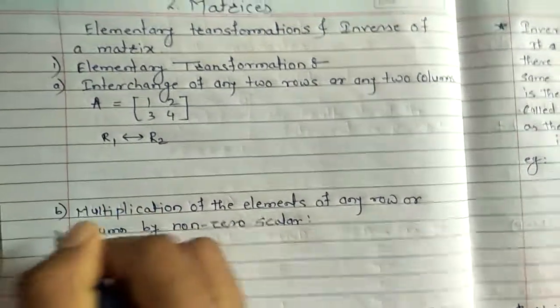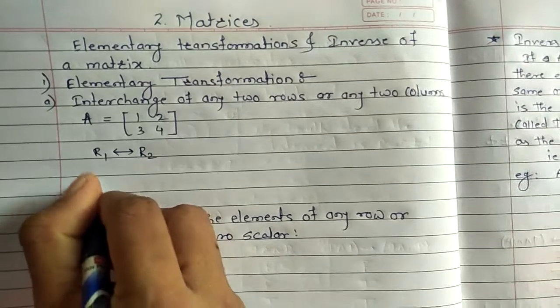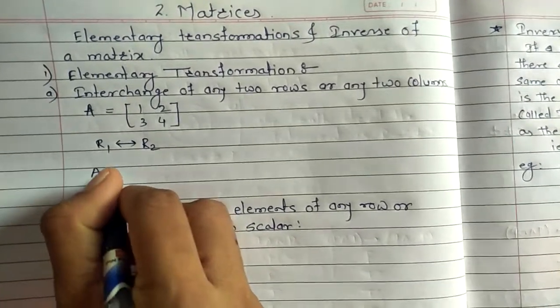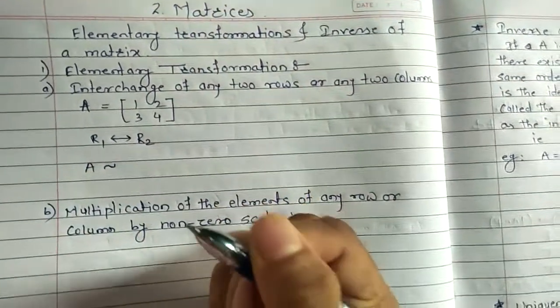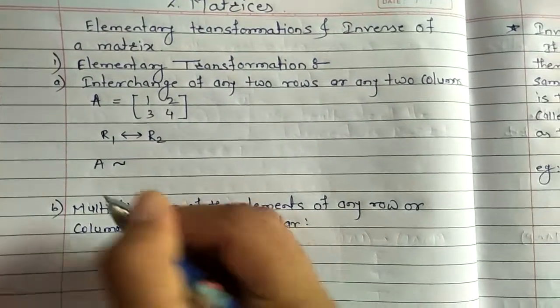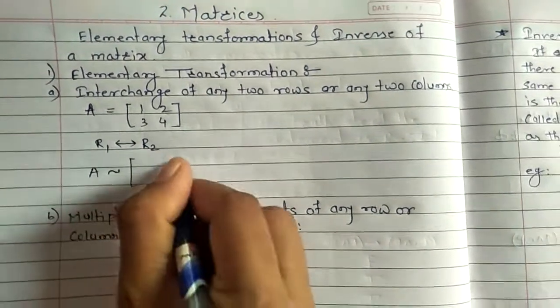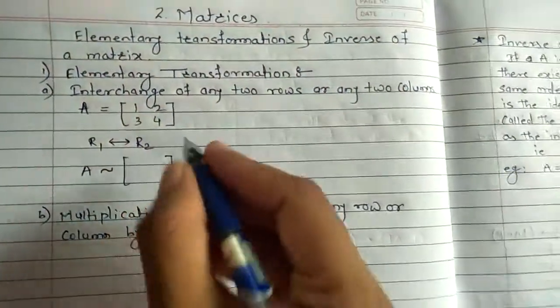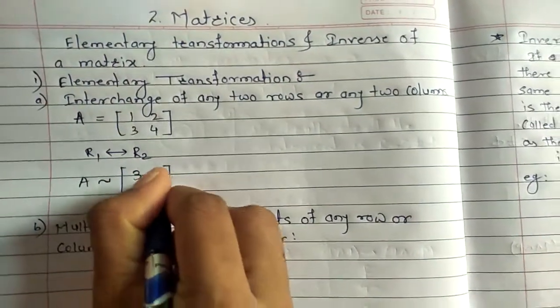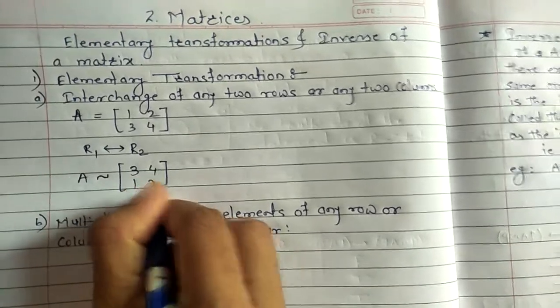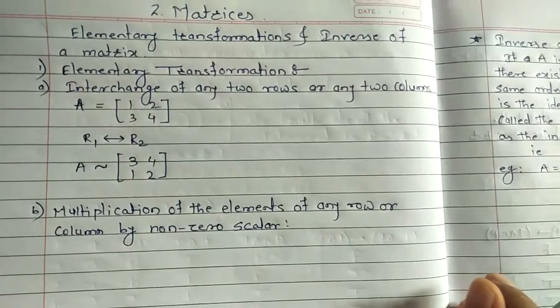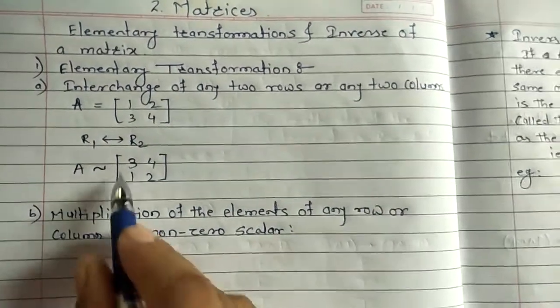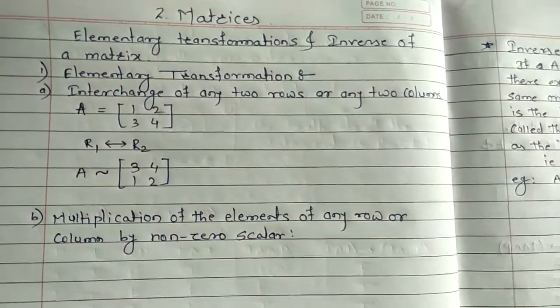So the resulting matrix is not equal to A, it is equivalent to A. We interchange the first row and the second row, so the first row is written as the second row and the second row as the first row. The matrix is 3 4 1 2.